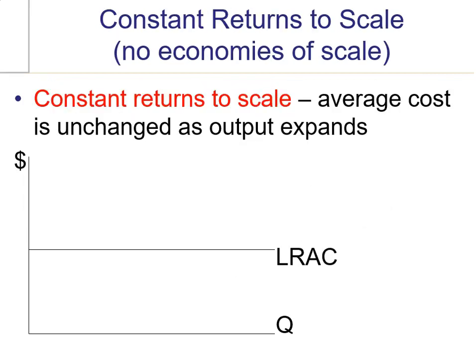Finally, we have constant returns to scale. In this case, the average costs don't change as output expands. Again, the slope of the long-run average cost function is 0. It doesn't change as output expands. So here, there are no advantages or disadvantages to being larger.